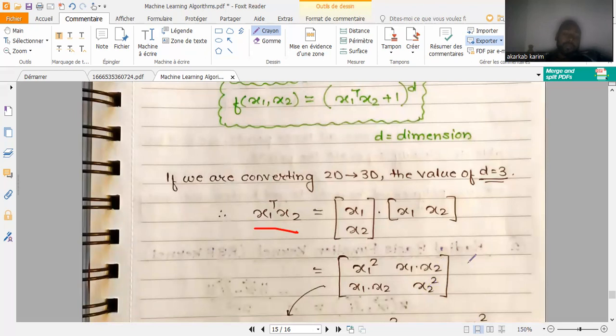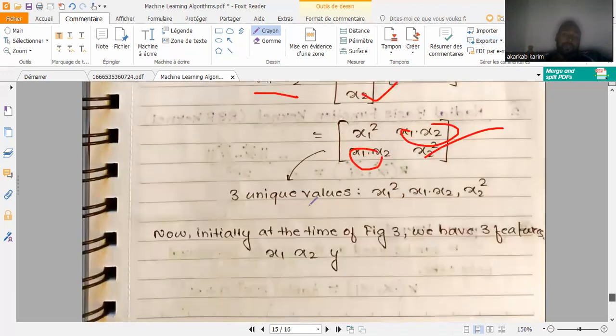There are unique values here: x1 squared, x1 x2.